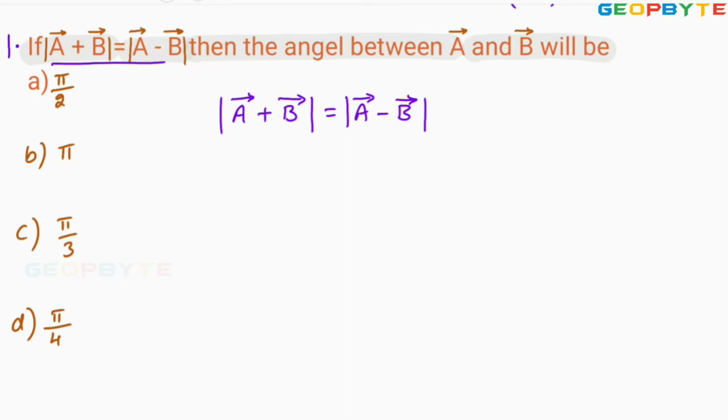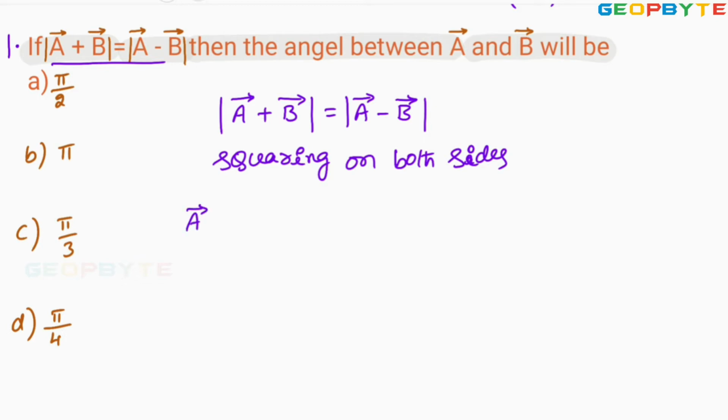Now let us square on both sides. If you square on both sides, it is (A plus B) whole square equals (A minus B) whole square.